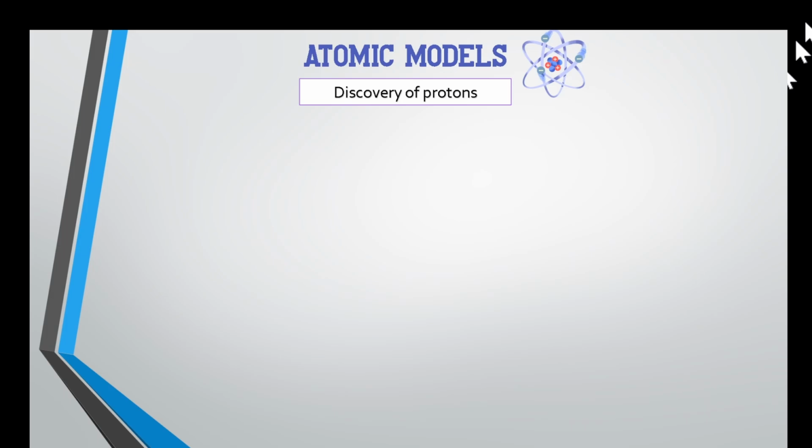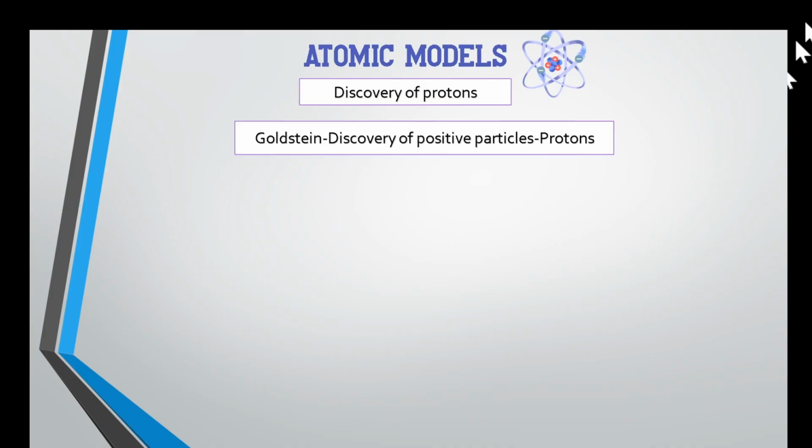Now moving on to the discovery of protons. Who discovered protons? It was Goldstein. Obviously we say an atom is electrically neutral. If an atom is electrically neutral, it must contain some oppositely charged particle. He also conducted an experiment with a modified cathode ray tube.